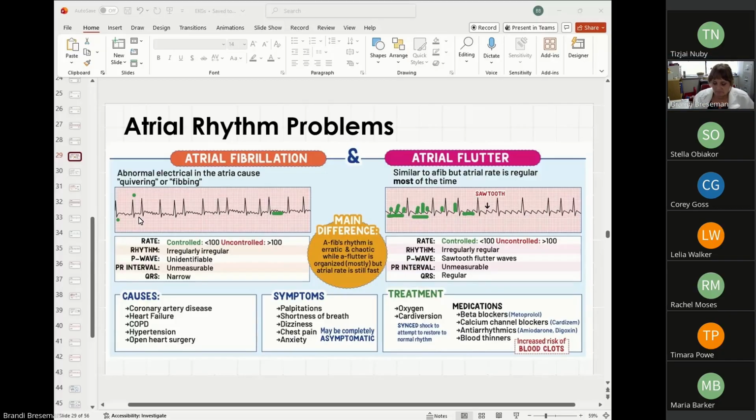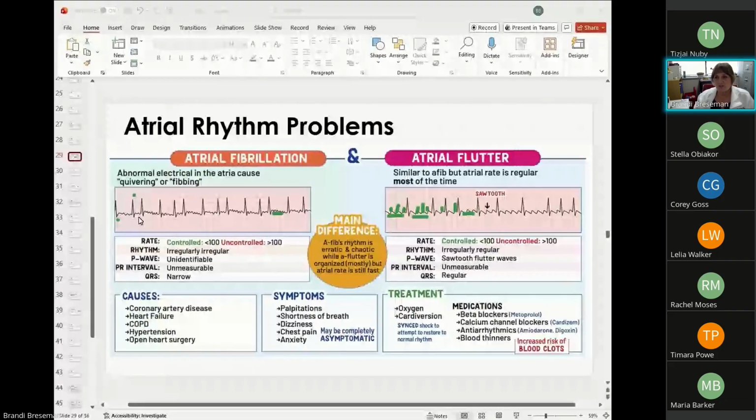Now, if your patient is stable, meaning we know they're in atrial fib or flutter, and we do need to get them cardioverted, but their vital signs are pretty stable and they're not showing signs of decreased perfusion, we want to ask our provider if we can get a little something to help relax them, because cardioversion is going to hurt.